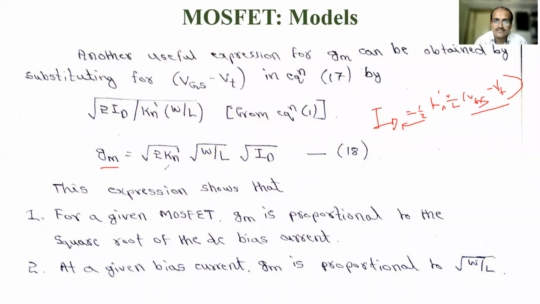So in the gm equation, I have directly written this. Since we have VGS minus VT whole square equal to 2 ID divided by Kn dash W by L, if the square has to be removed, it becomes square root of 2 ID divided by square root of Kn dash W by L.